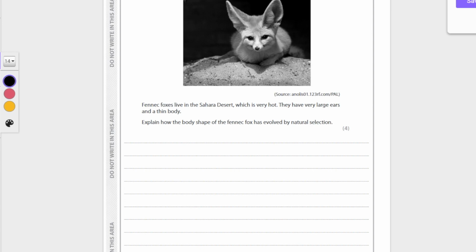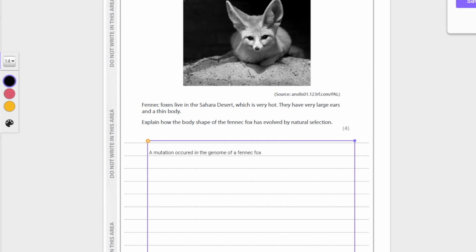Okay, so natural selection, there's a very simple formula we use for answers. First, the first mark is nearly always that a mutation occurred in the genome of a fennec fox. So somewhere along the line, there's a genetic variation or a mutation that occurred, which caused a fennec fox to have a large ear surface area and a thin body.